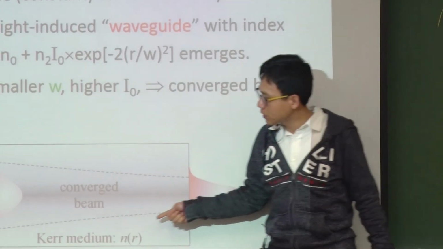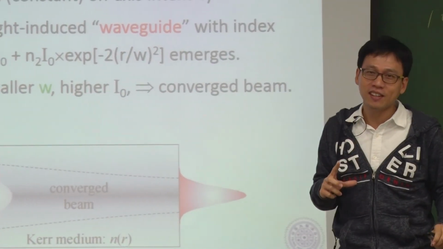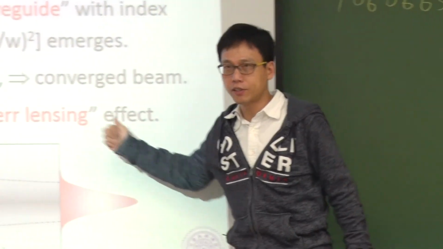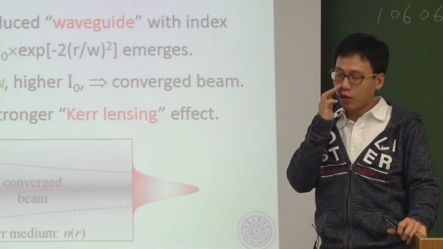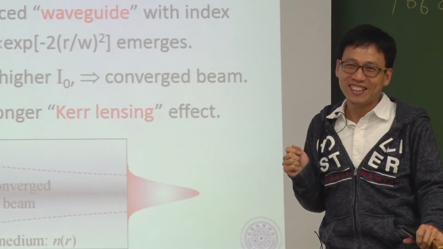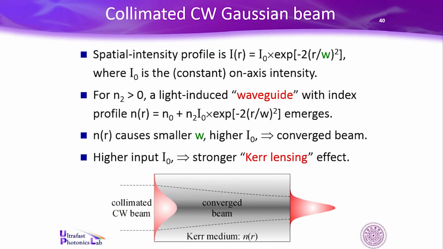And this is something like a lens, right? A focusing lens. That's why it's named the Kerr lensing effect. Okay, without using any real lens, just shine your laser beam into a piece of material, and the Kerr lensing effect will automatically focus your beam. Okay.